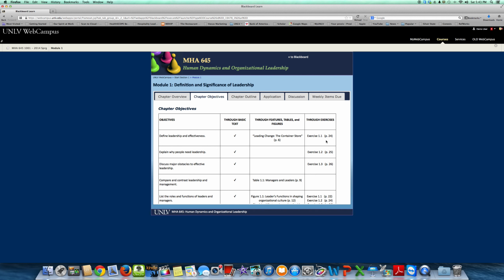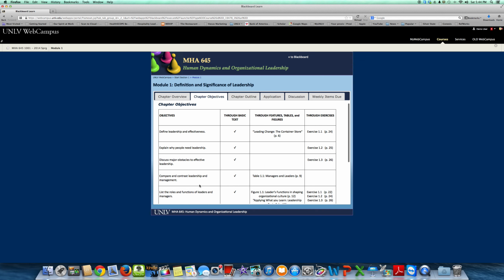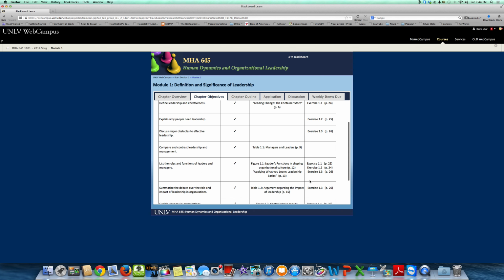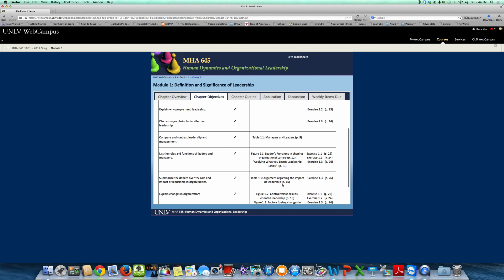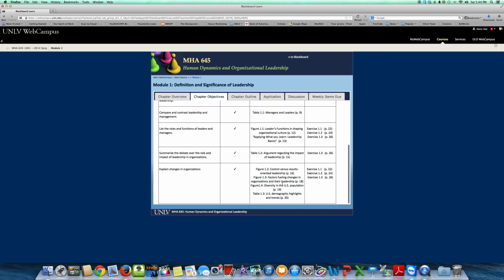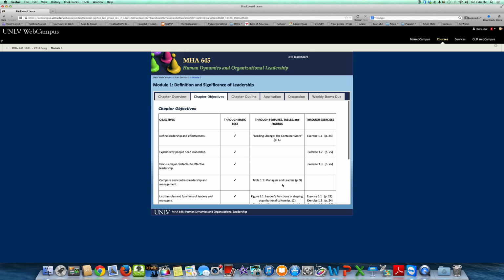Defining leadership and effectiveness. Obviously, you want to read the story about the Container Store, which is a pretty interesting story. But as you go down and look at these learning objectives, these exercises and these figures and tables will really help you to pinpoint exactly where this information is in the textbook, because this is the critical information that you want to be able to extract.